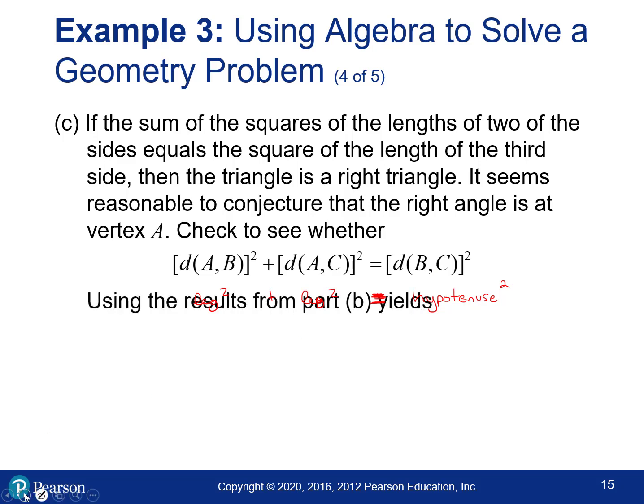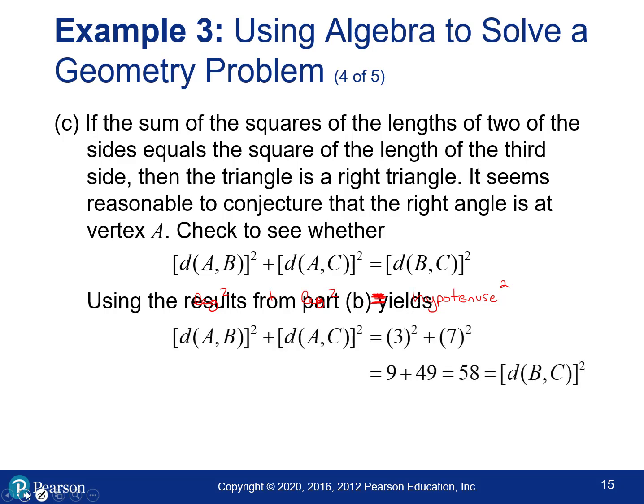Okay, so we're going to use our results from our parts that we just worked on. So if you remember, the distance between point A and point B was 3, and then the distance between points A and C was 7, and then the length of the longest side was square root 58.